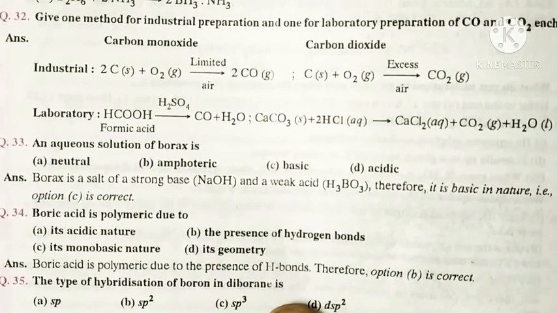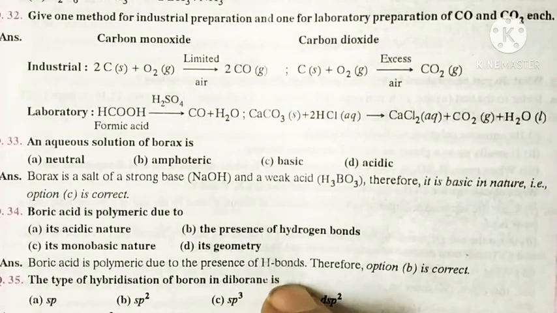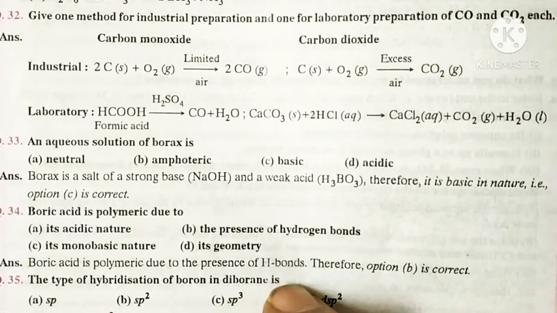Next, question number 32. Give one method for industrial preparation and one for laboratory preparation of carbon monoxide and carbon dioxide. The industrial process is simple. We take carbon, and a limited supply of air converts it into carbon monoxide. In the same way, if we take carbon and an excess of air, it is converted into carbon dioxide.